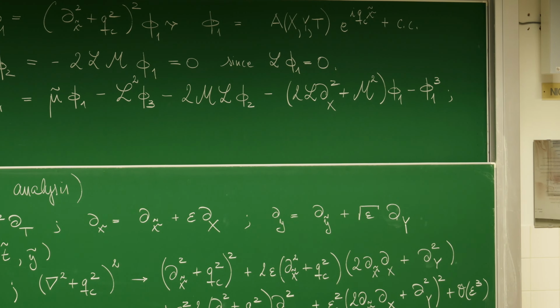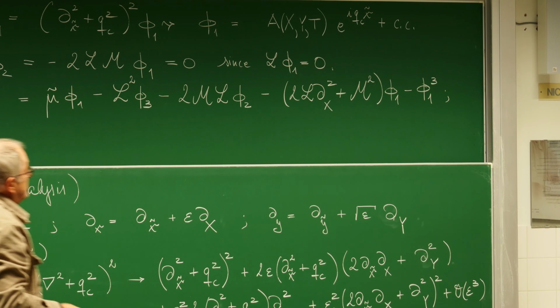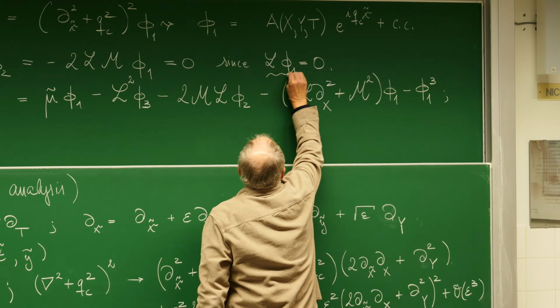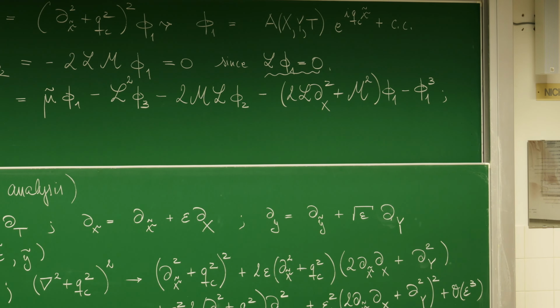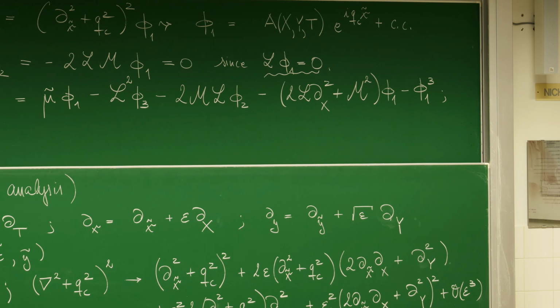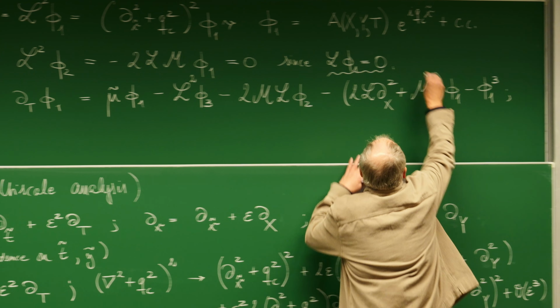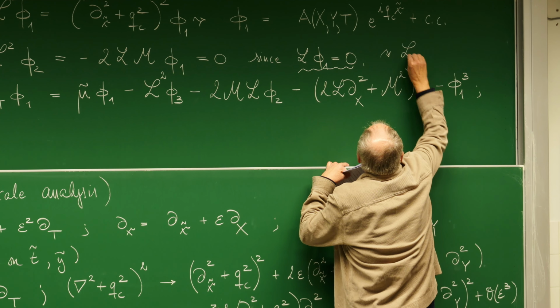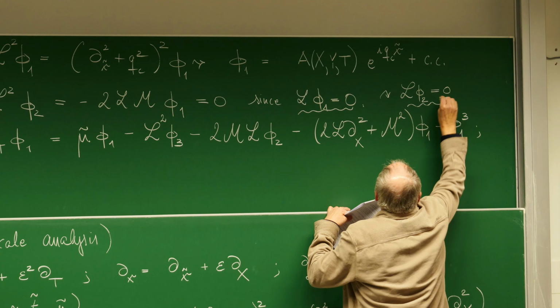So what can we still use to simplify that? We can again use that L acting on phi 1 is 0. And also L acting on phi 2 is 0.